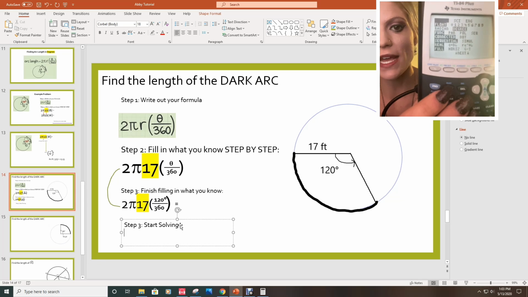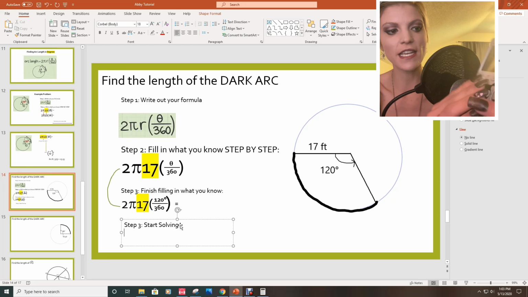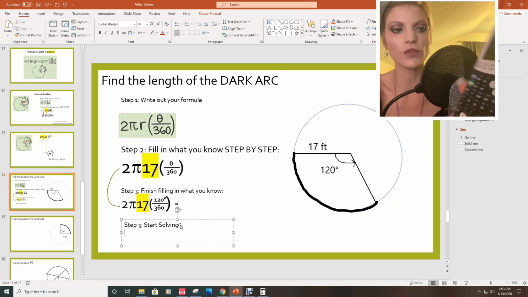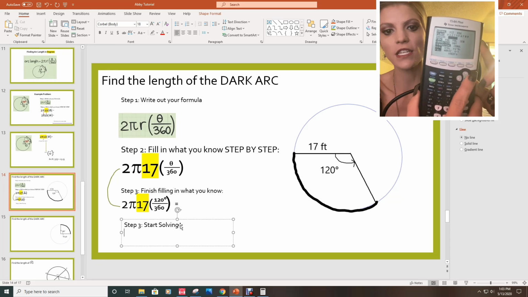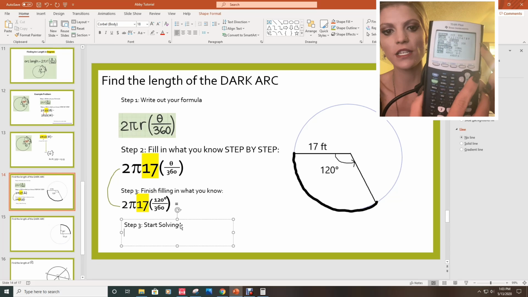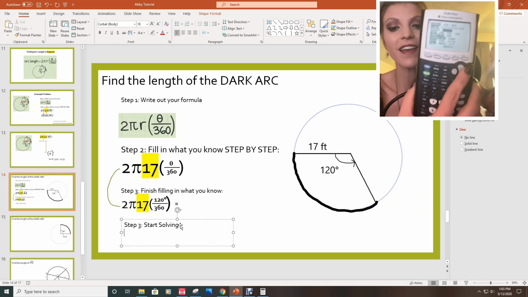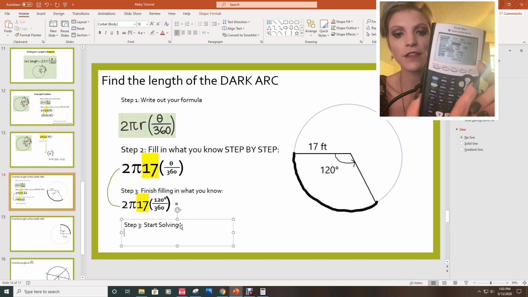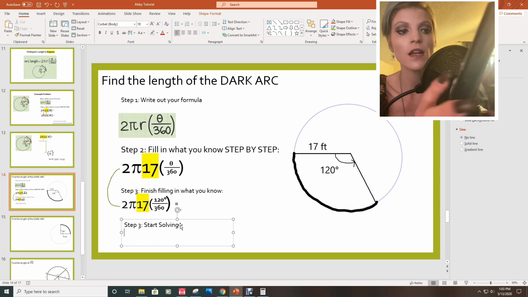Click mode and a whole bunch of craziness is going to pop up. Within that craziness, if you look on the third line down, do you see where it says radian and degree? I'm going to go down there with my arrows. If you're solving your problem to find the length of your arc in degrees, you need to make sure your calculator is set in degrees if you so happen to be using a TI-84 calculator.